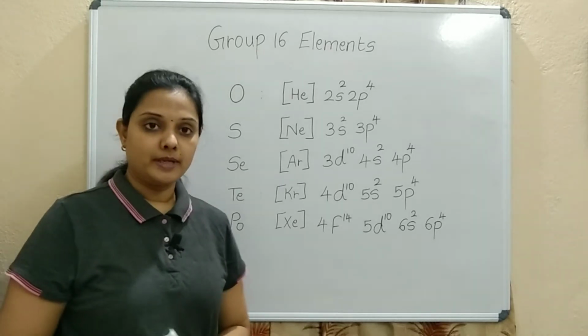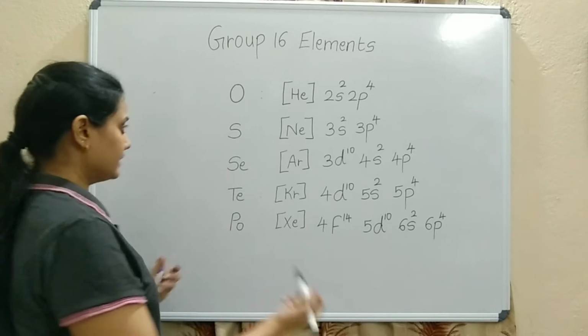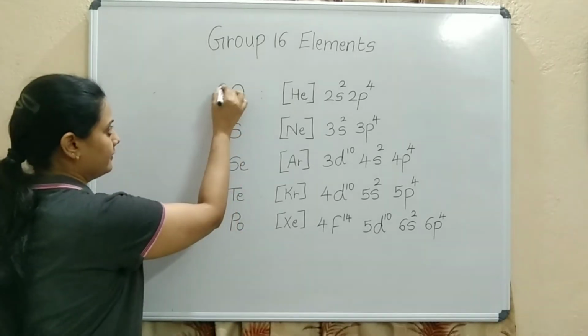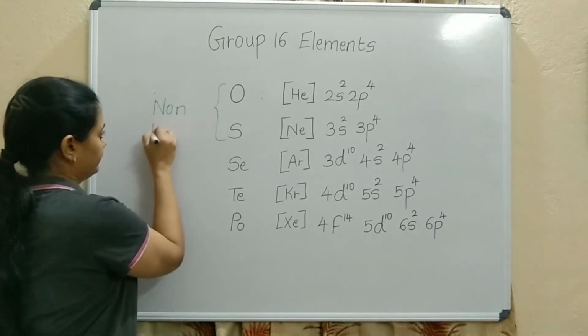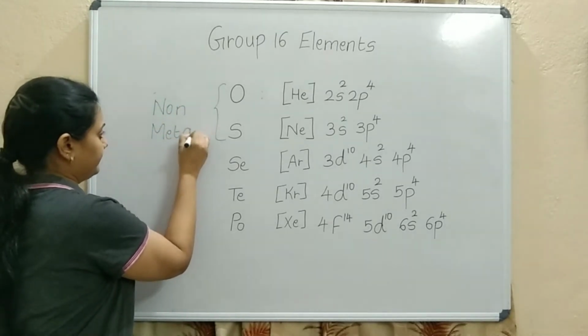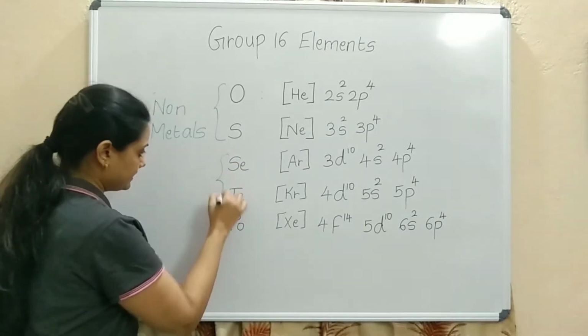The first property, what is the character? Oxygen and sulfur, they both are non-metals. Selenium and tellurium are metalloids.